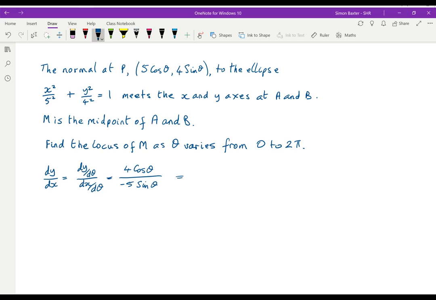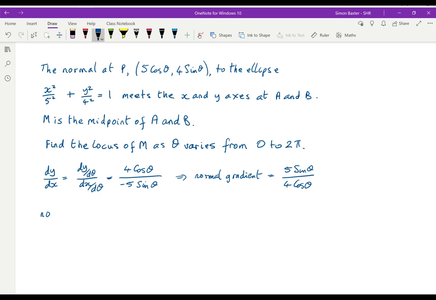So that's the gradient of the tangent. That means that the normal gradient is 5 sine theta divided by 4 cos theta.